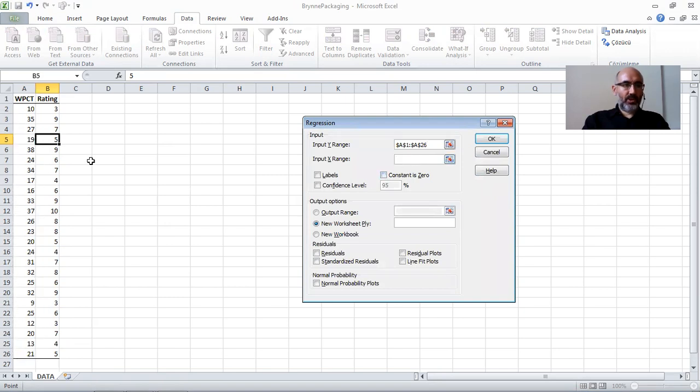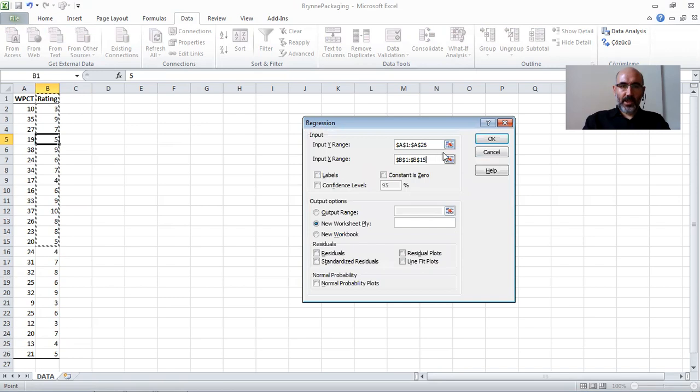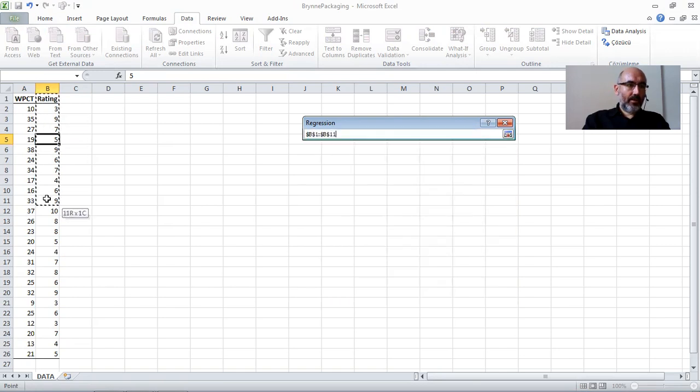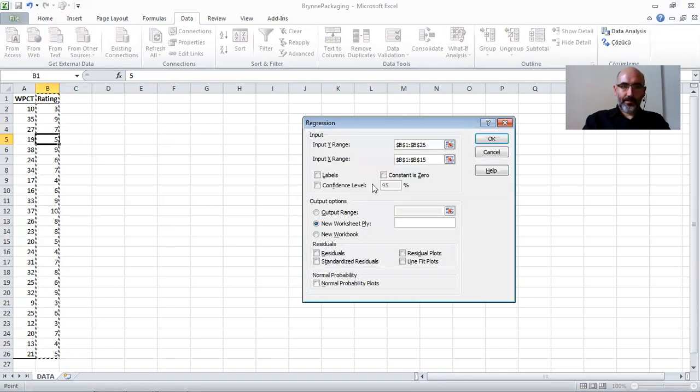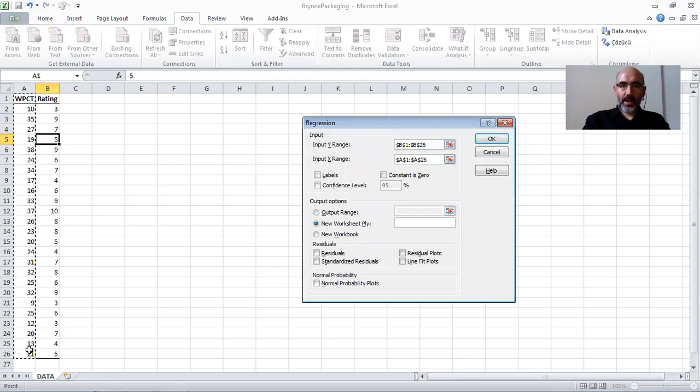Input X range, I will use the rating. Sorry, I just made a mistake. Okay. Input Y will be this, and input X will be the WPCT. Input Y, B1 to B26. Now we have labels.